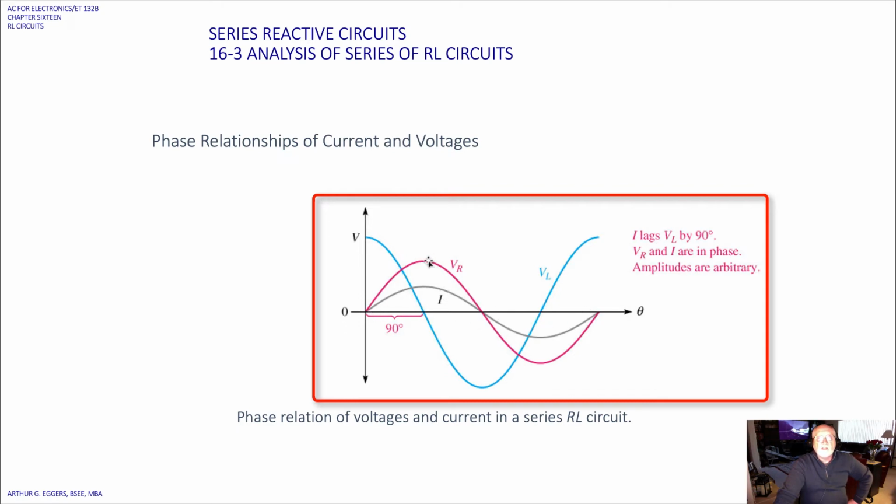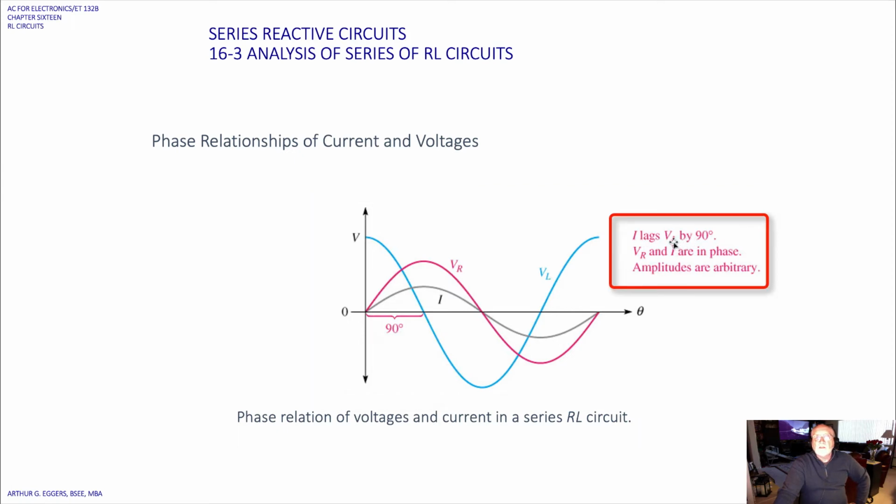Notice that the voltage across the resistor and the current through the resistor are in phase with each other. The voltage across the inductor is 90 degrees out of phase. So the current lags the voltage across the inductor by 90 degrees.